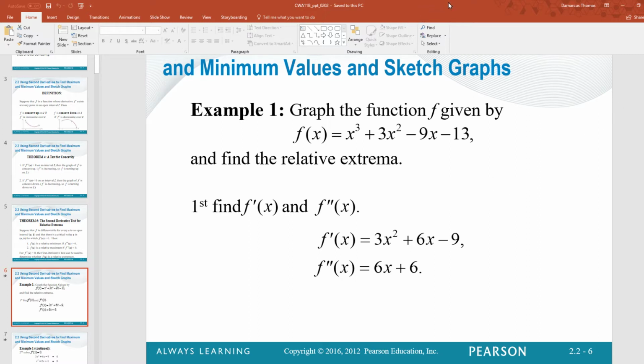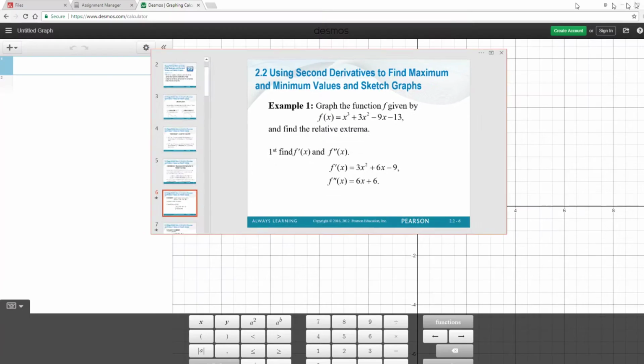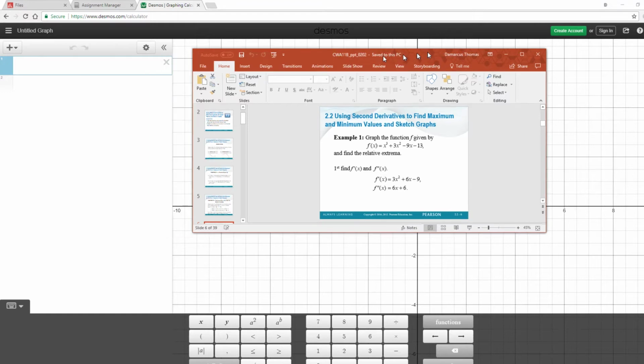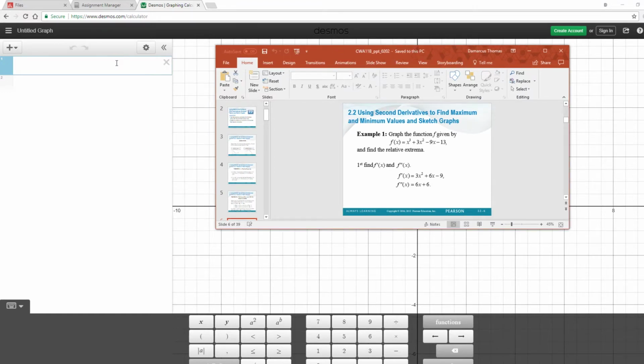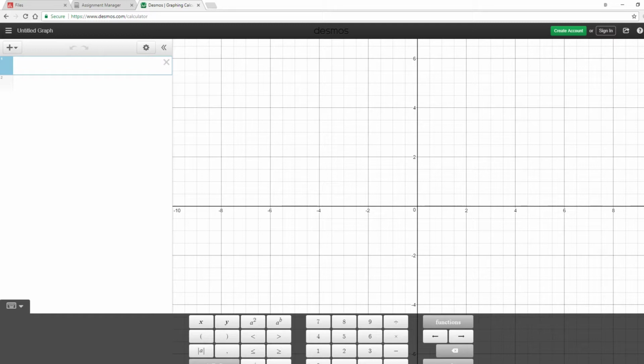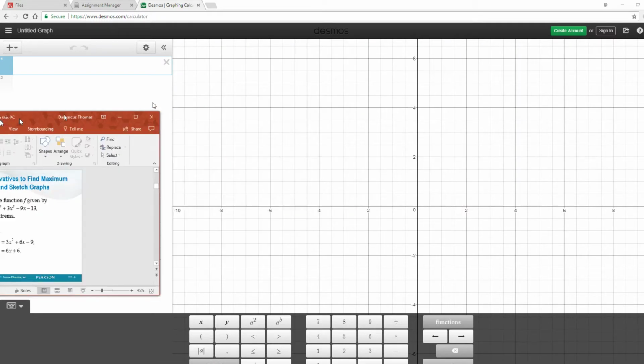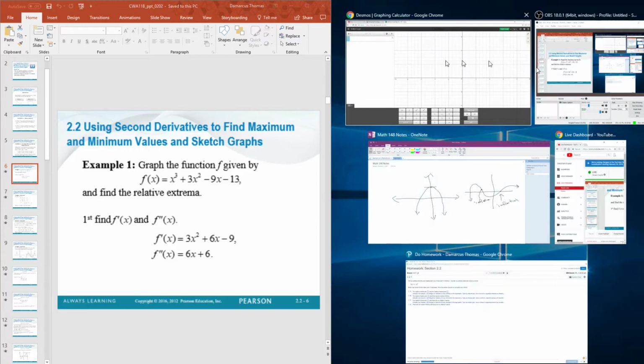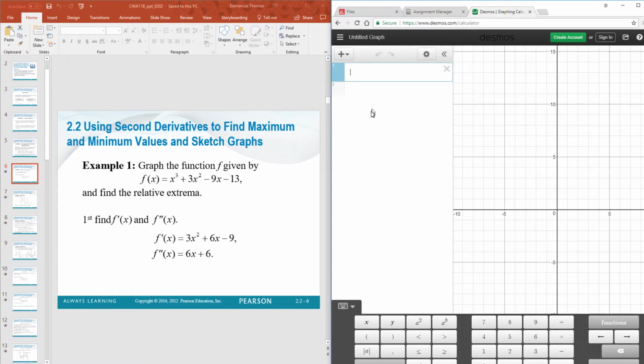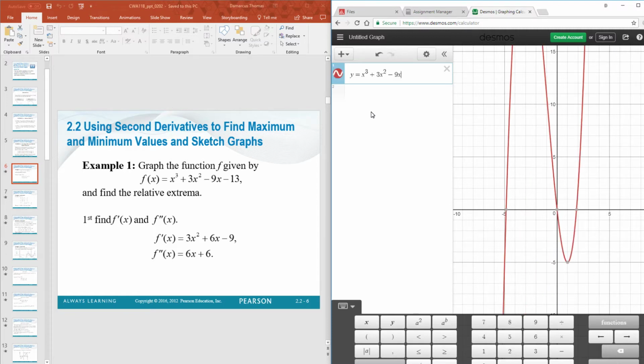Let me get this piece here. So it looks like my function is, let's bring it back up. Looks like my function is going to be y equals x cubed plus 3x squared minus 9x minus 13.